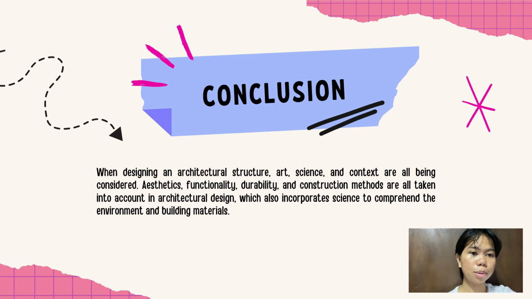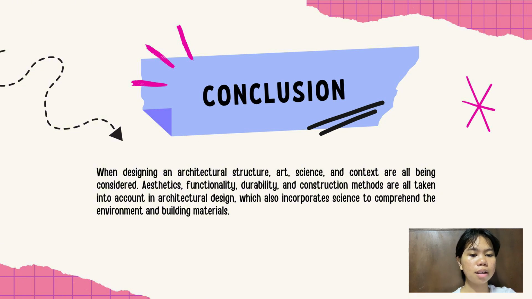When we say context, what will be the function of this building, the design and its function reflect or satisfy each other. Next, the construction methods are all taken into account, as I said during science and art and architecture.